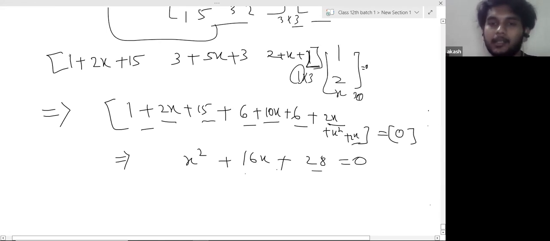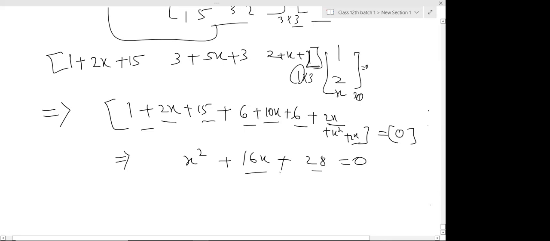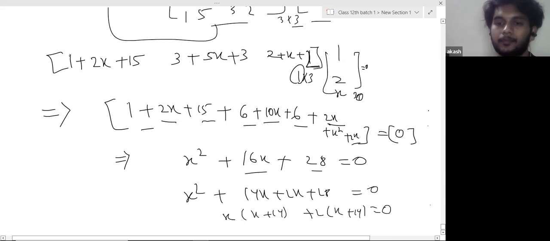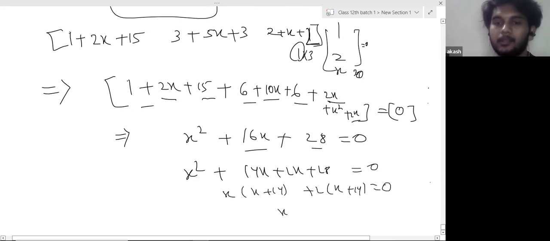Multiplying 28, adding 16. So 14 and 2, sir. Right, 14 and 2. So x square plus 14x plus 2x plus 28 is equal to 0. Taking x common, x plus 14, and 2 common, x plus 14 is equal to 0. So x plus 14 or x plus 2 is equal to 0. So either x can be minus 14 or x can be minus 2.